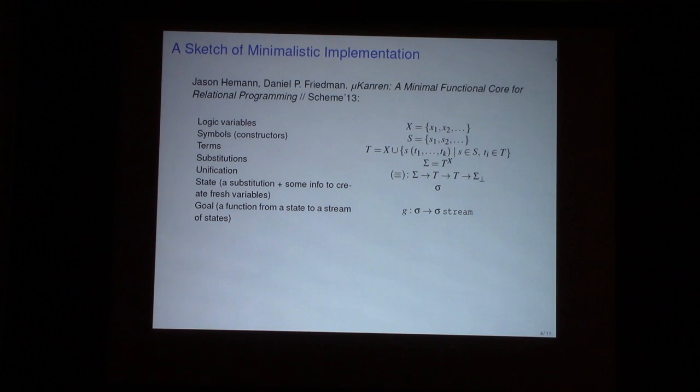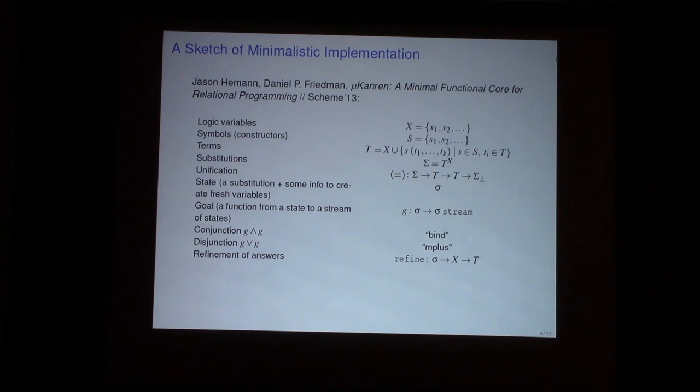The goal is a function from state into a stream of states, and it converts the current state into a lazy list of answers. And this lazy list is a monad, and when you need to implement another search algorithm, you rewrite these two functions, monadic bind and monadic plus, which correspond to conjunction and disjunction respectively.